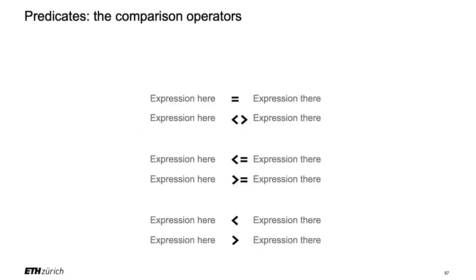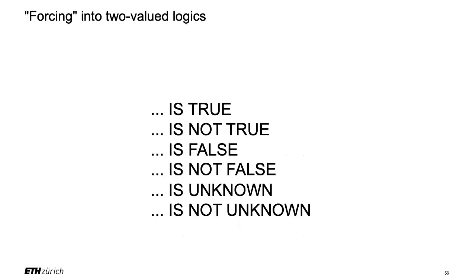Okay, now there is a way to test for this. If you want to see if something is true or false or unknown, and you really want to distinguish between the three, you have special syntax that says is true, is not true, is false, is not false, is unknown, is not unknown, right? This will always say true or false. It just compares for each one of the three values which one you have, right?